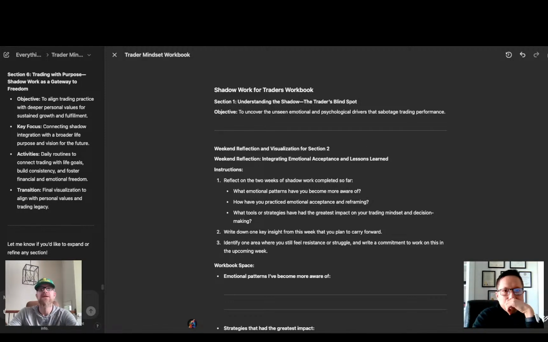What's cool, I had this thought while I was sleeping. Inside the shadow work guide, I want to change this view to give me the thumbnails. And then over here, what's this? This is the book. Okay, this is the book. So when we get into that, that's section 2.